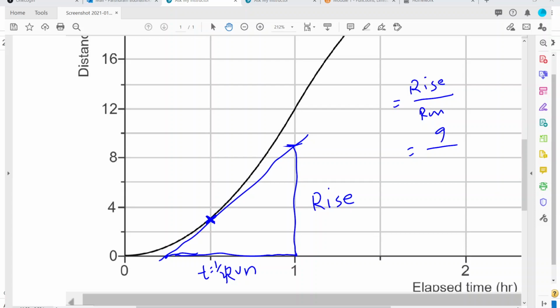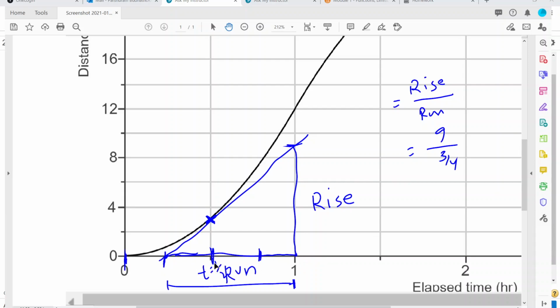So 1 2 3 4 different parts. This distance from here to here is actually 3/4 of this from 0 to 1. It's a 3/4 part, so the run is 3/4. From here to here it's 1 unit, but we're dividing this 1 unit into 4 parts.